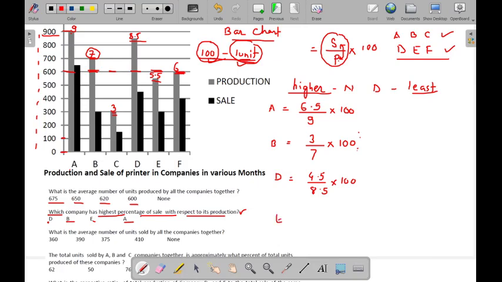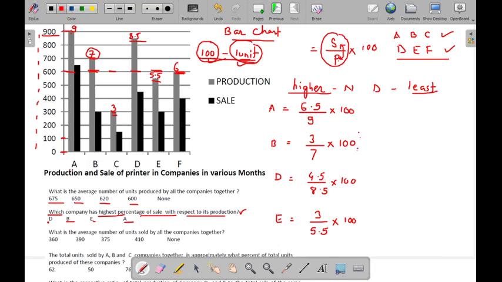Company E: the sale of company E is 3 and the production of company E is 5.5, into 100.